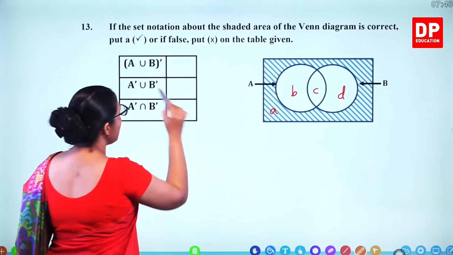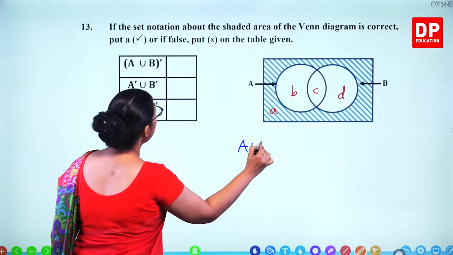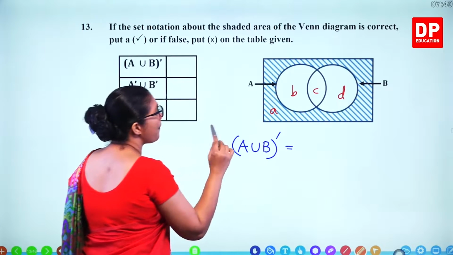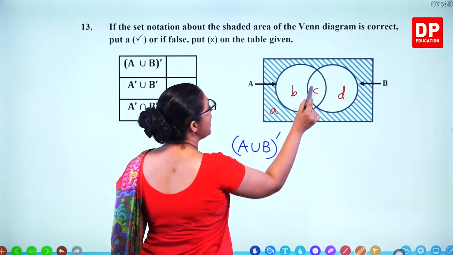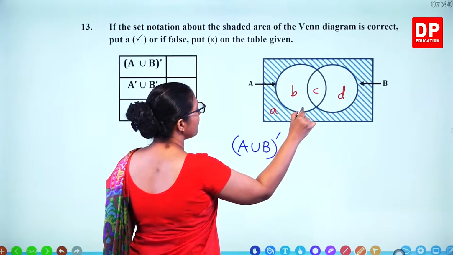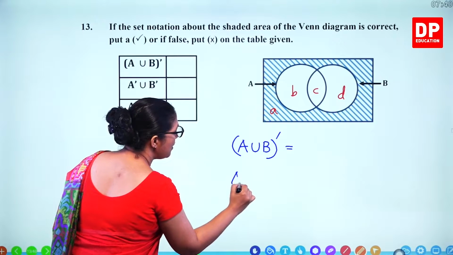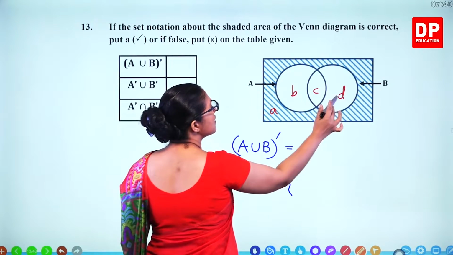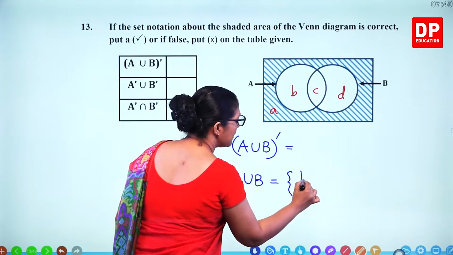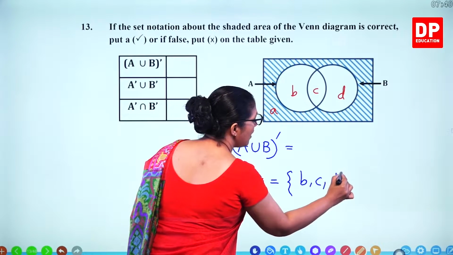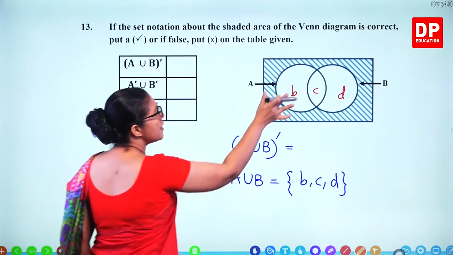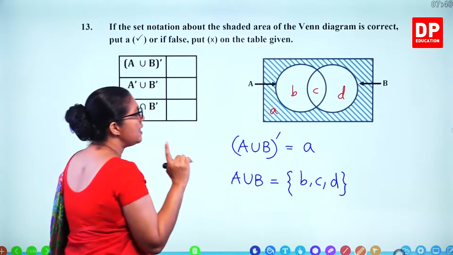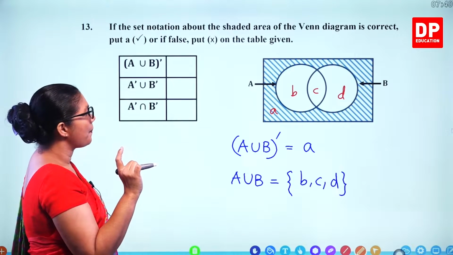which one is this, A union B dash. What's that? A union B dash. First, we'll find out A union B. That means inside the 2 circles, B, C, D. Outside means everything outside, not B, C, D. So that's A. So we need the A region.